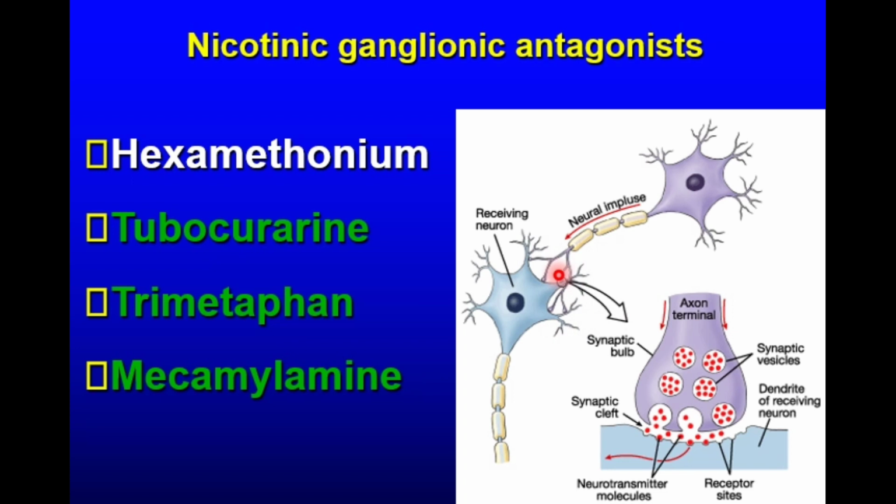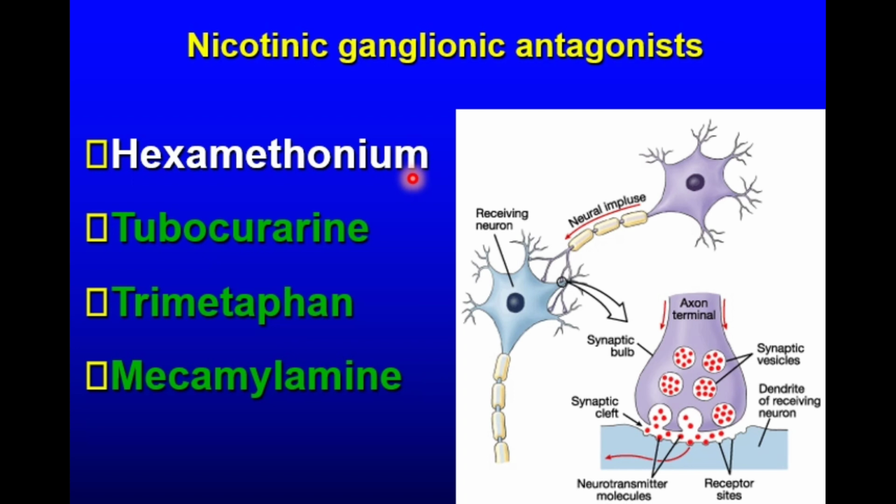By blocking the receptor, these agents prevent interaction of acetylcholine with the nicotinic receptors at the ganglia and therefore reduce excitability of postganglionic neurons. Hexamethonium is a selective antagonist at nicotinic receptors at ganglia.